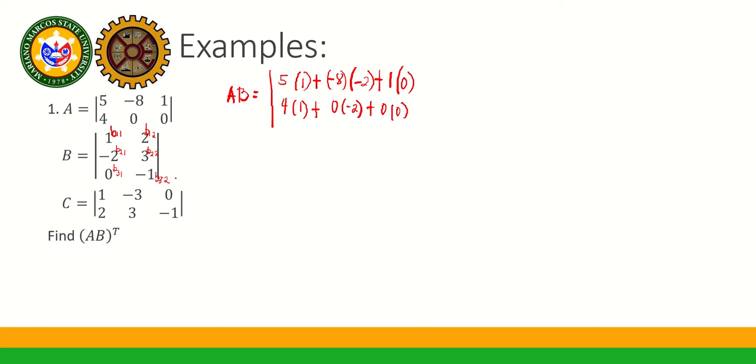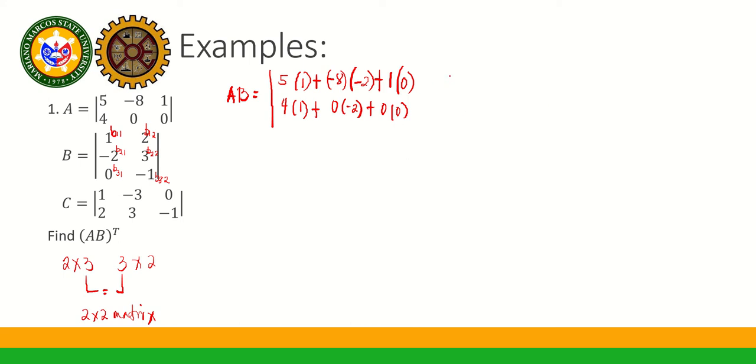Wait, we haven't checked if they can be multiplied. Our matrix A is a 2 by 3 matrix. Our matrix B is a 3 by 2 matrix. So, since these are equal, we can proceed to multiplication and we will have a 2 by 2 matrix as an answer. Okay.